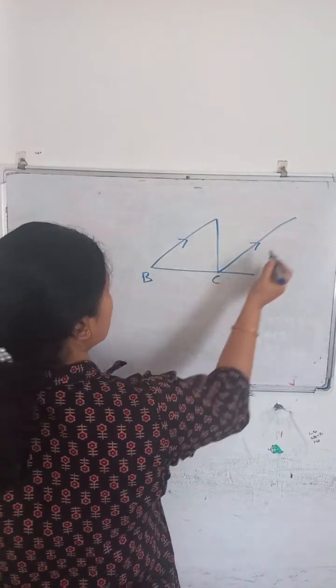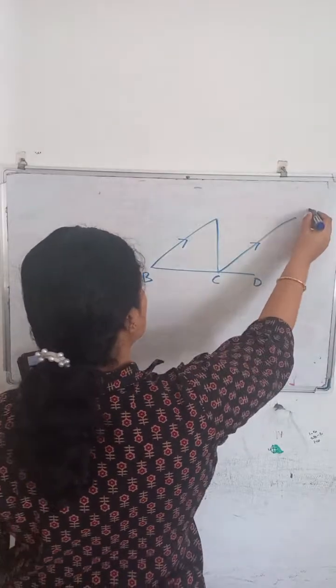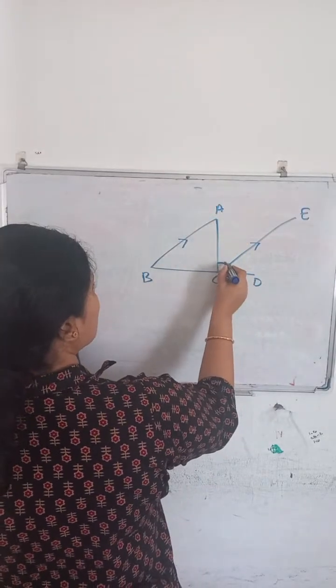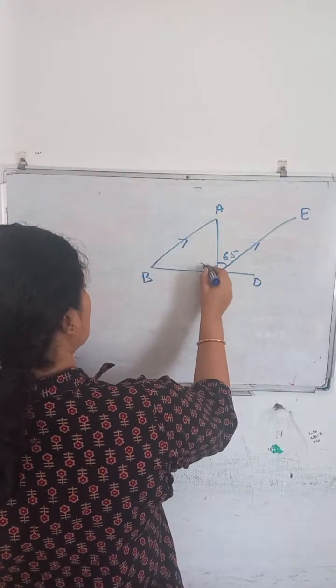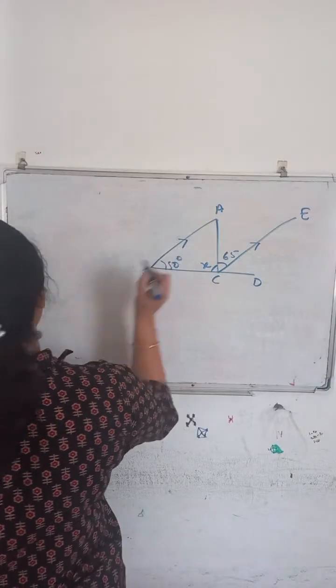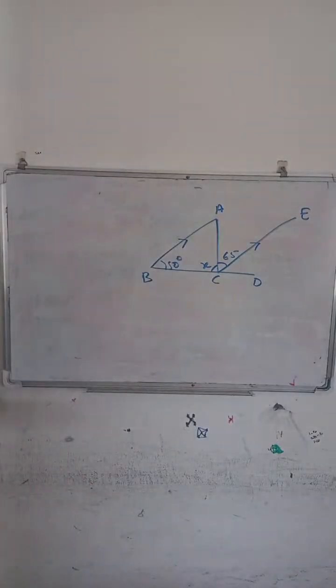This is B, C and D; this is E, this is A. This angle is given as 65, this angle is x, and this angle is given as 50 degrees. So this much is the given information, and now we have to find the answer.